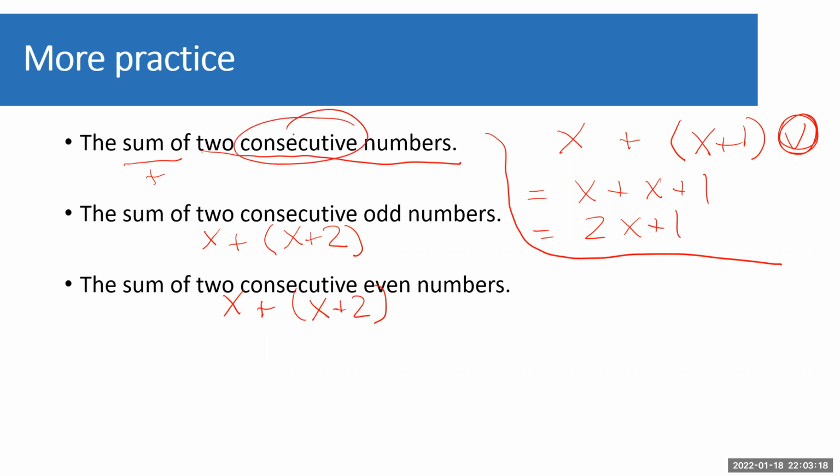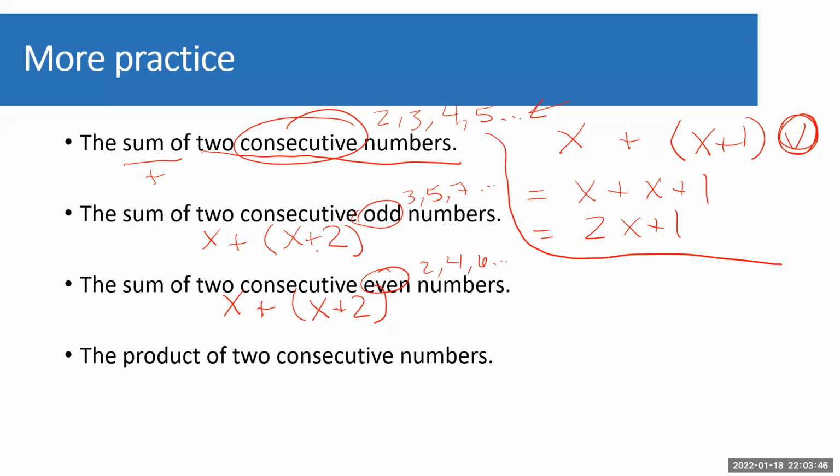Two consecutive numbers is 2, 3, 4, 5, and so on. Consecutive odd numbers is 3, 5, 7, and so on. And even numbers would be 2, 4, 6, and so on. So here you're going up by 1 each time in this first case, but in both of these second cases, you're going up by 2, and that's why we have x plus 2.